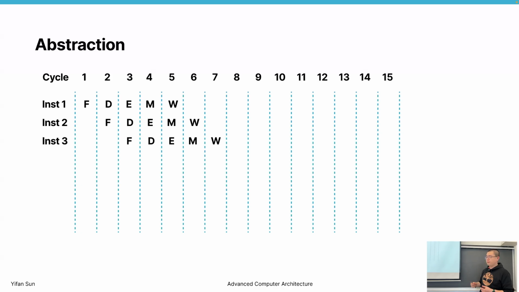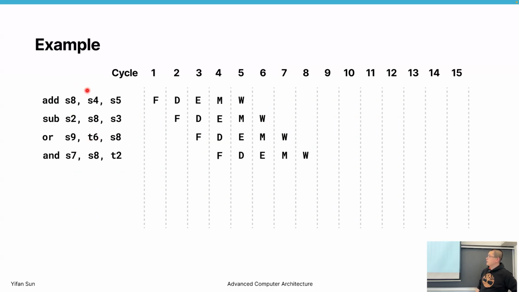Now we're going to go to a higher level, leaving the circuit level, so that we understand the abstract concept of how things work. This is a typical pipeline diagram: on the x-axis we have time, in units of number of cycles, and on the y-axis we have the instructions, so we can see how these instructions relate to each other.